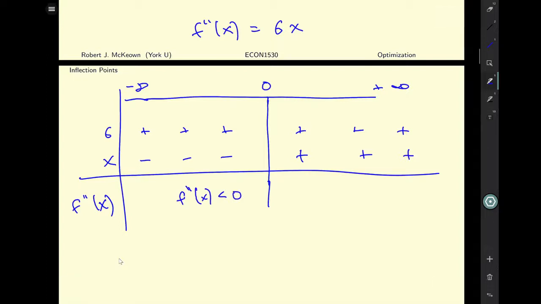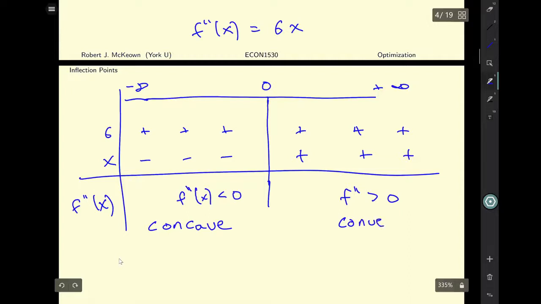And if I have a negative number for the second derivative, that means it's concave. Here, I'm going to have a positive number. So it's going to be convex.